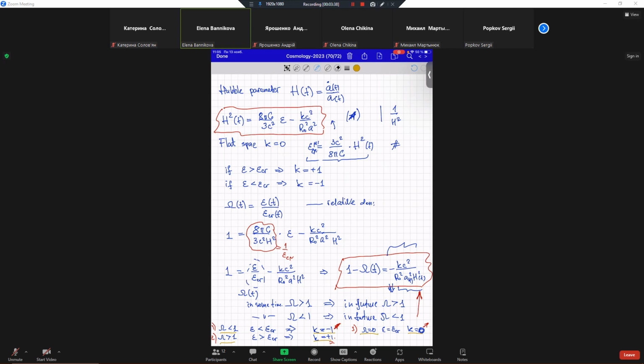If we ask which curvature our universe really has, it corresponds exactly to the case k equals 0. So the space in our universe is flat, and this corresponds to the condition that the mean energy density in the universe is equal to the critical value, which really looks strange.